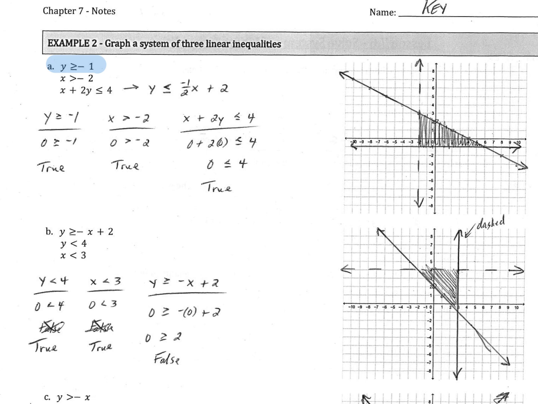Y is greater than or equal to negative 1. That would be this solid line right here. The second one that's highlighted in green, x is greater than negative 2. That would be this up and down line right here.